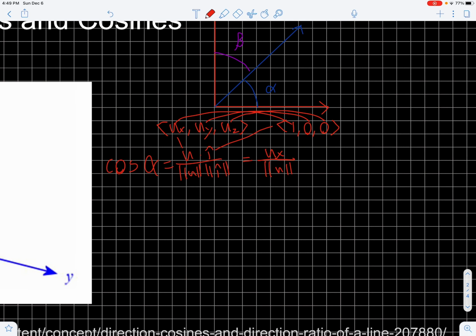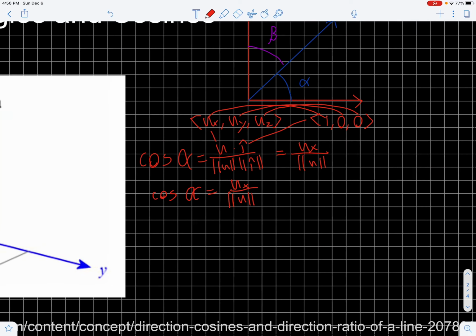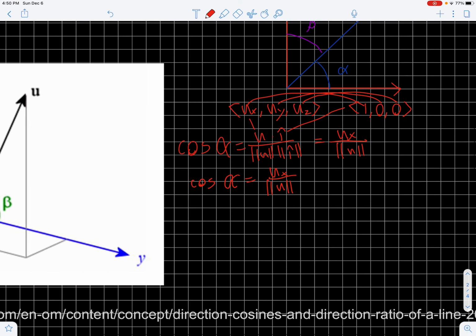And so from this we know that the cosine of our angle alpha is equal to the x component of our vector u divided by the norm of our vector u. And I'm not going to write it out for the next two because it's exactly the same. Cosine of angle beta is uy over the norm of u.